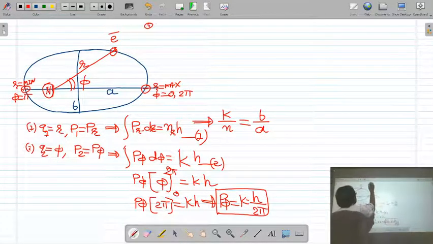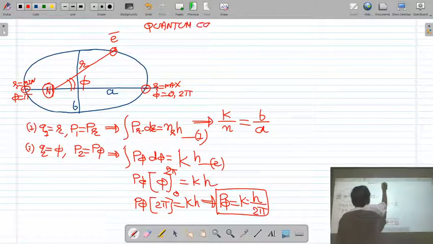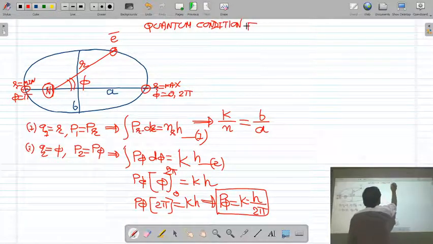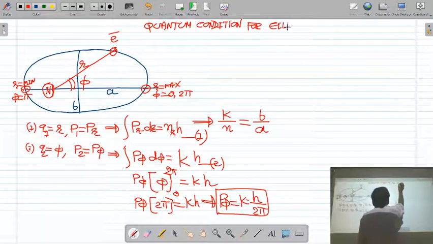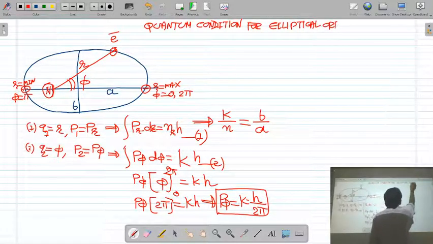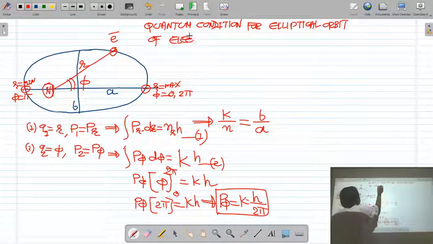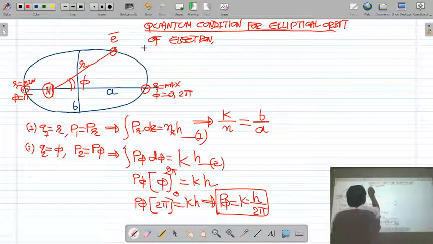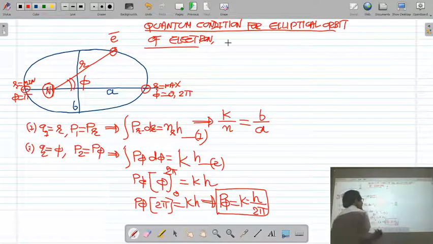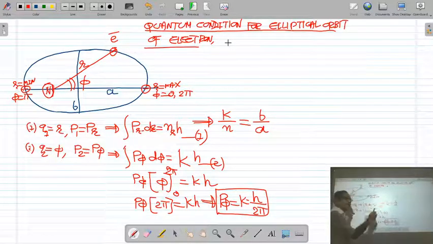Quantum condition for the elliptical orbit of the electron is obtained by solving the phase integral PRDR is equal to NRH.